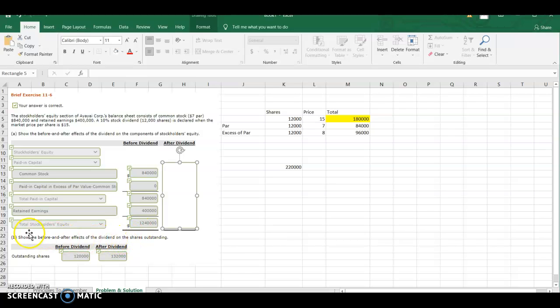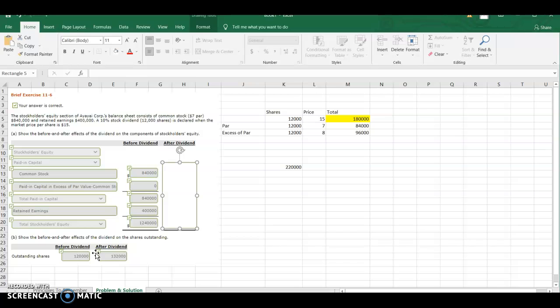Outstanding shares. Something that helped me was to get this out of the way beforehand too. Outstanding shares before the dividend is 120,000. You can find that by dividing the value of all outstanding shares of common stock, the 840,000, by the par value, and you get 120,000.